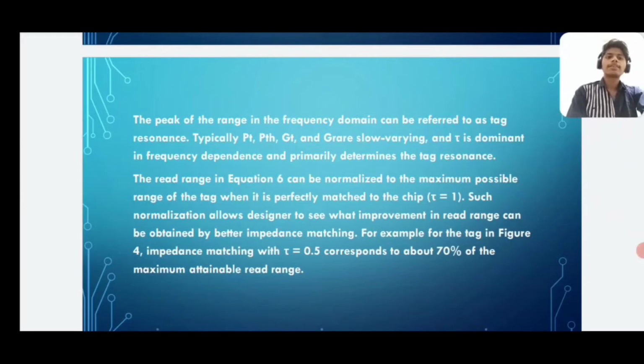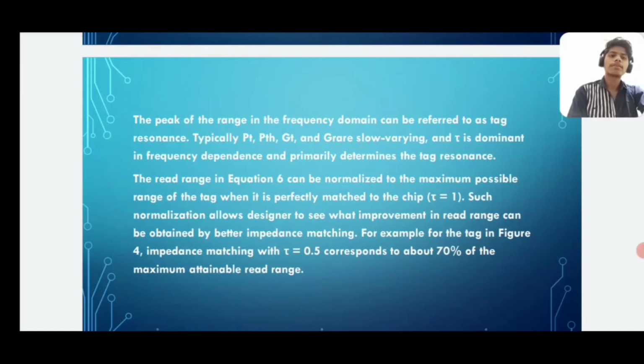The read range in equation 6 can be normalized to the maximum possible range of the tag when it is perfectly matched to the chip, that is, tau is equal to 1. Such normalization allows the designer to see what improvement in the read range can be obtained by better impedance matching.